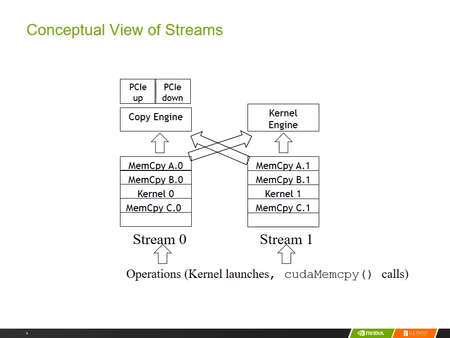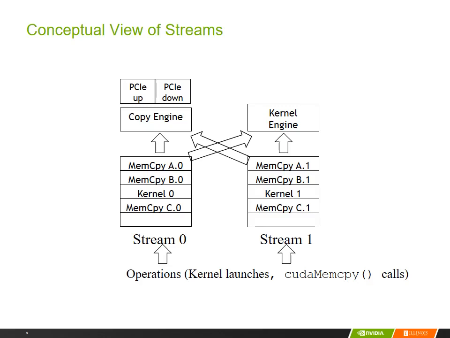The memcpy commands will go into the copy engine on the left, and the kernel launch will go into the kernel engine on the right. For the copy engine, there's a PCIe up, meaning that the DMA direction goes from the GPU to the CPU, or the PCIe down, that is, the copy direction goes from the CPU to the GPU.